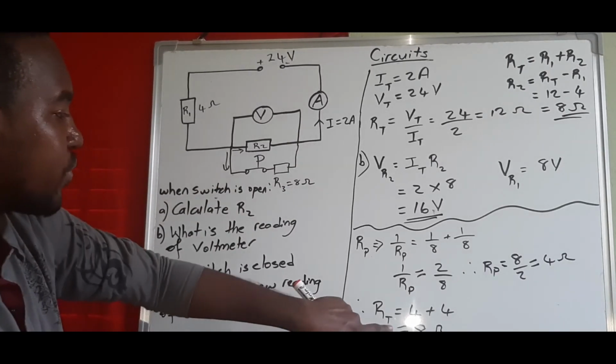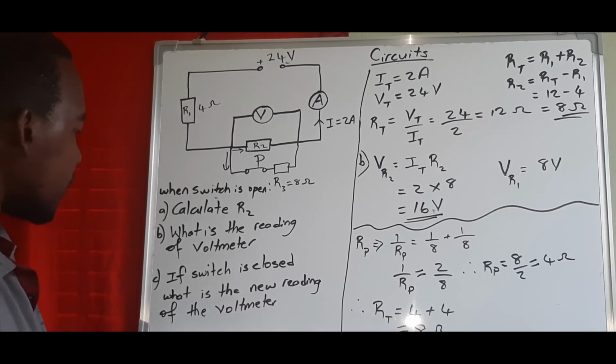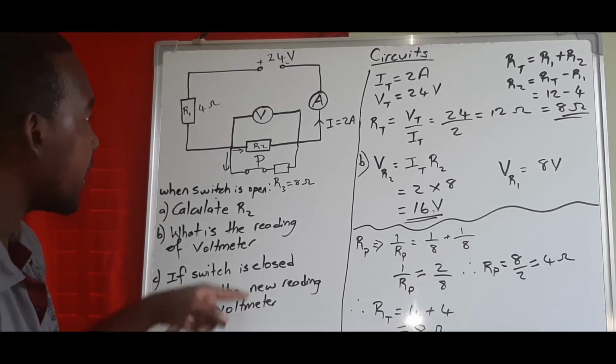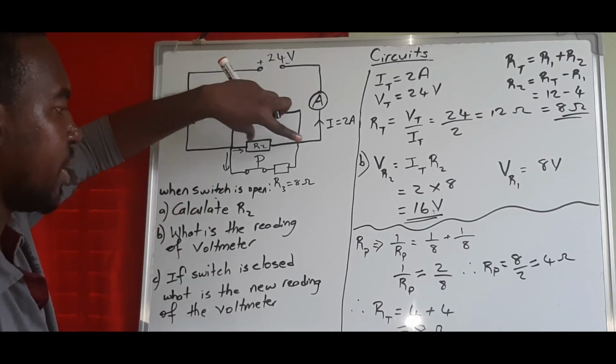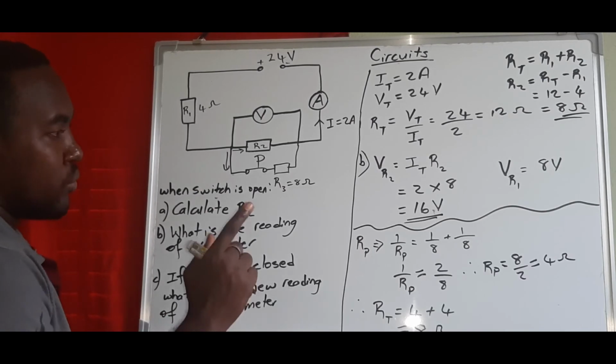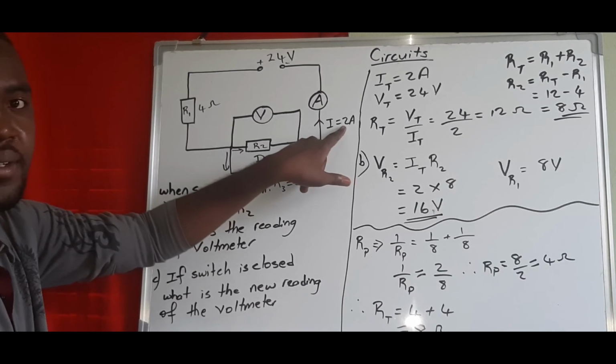Alright, so now we have the total resistance, right? We're asked to find the voltage at this point, right? So we know for one that now the current will be different, right?